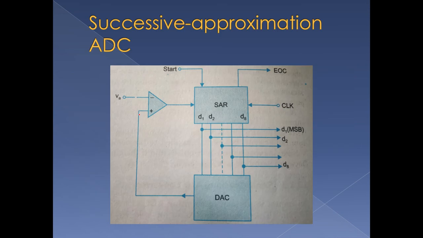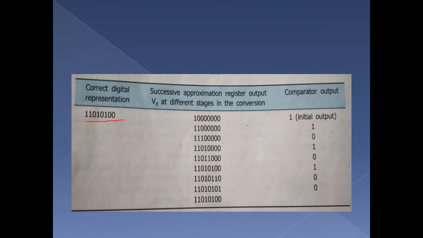Initially, in the 8-bit SAR input, D1 is set to 1 and all the remaining bits are set to 0. Then it compares the VD output with the VA analog input.